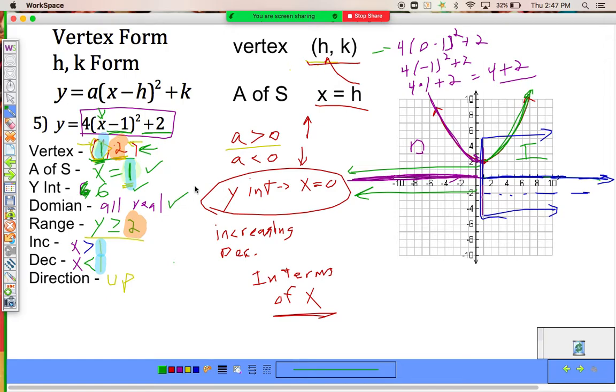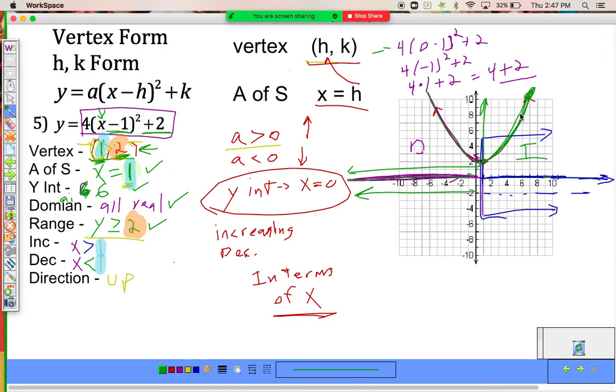Domain is always going to be all real numbers. My range, looking at the graph, starts at 2 and goes up. Greater than or equal to, based on your y value. As I move from the left to the right, first my graph is decreasing because it goes down until I hit 1. So it's all the values less than 1 that decrease. And to the right of 1, greater than 1, it's going to increase because it's going up.